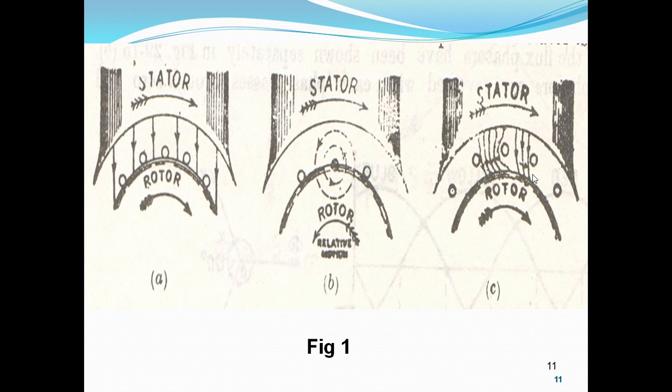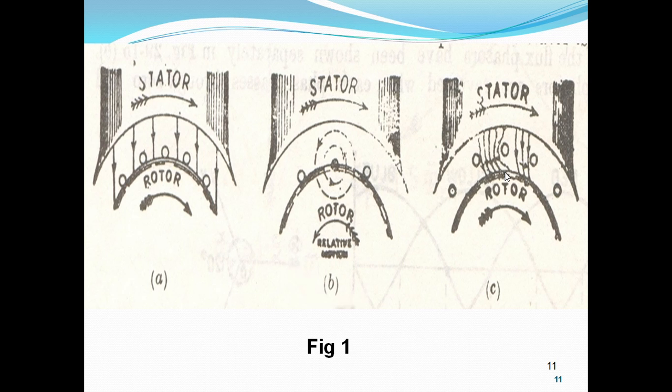Where are the rotor conductors placed? They are placed in the rotor slots. As the rotor conductors move, automatically the rotor also rotates. When it starts rotating, the rotor conductors cut more stator magnetic flux. Then the rate of change of flux dφ/dt increases, induced EMF E increases, the current I increases, torque T increases, and speed increases.